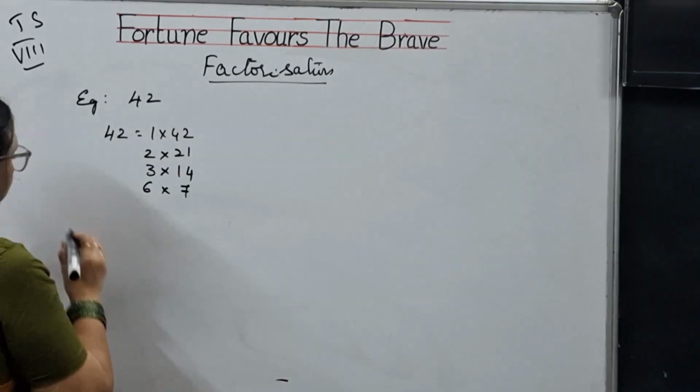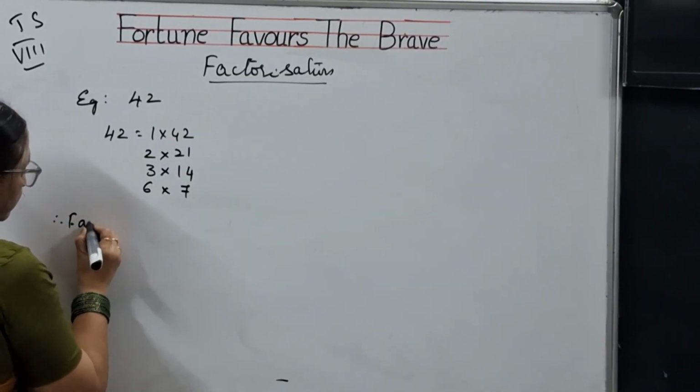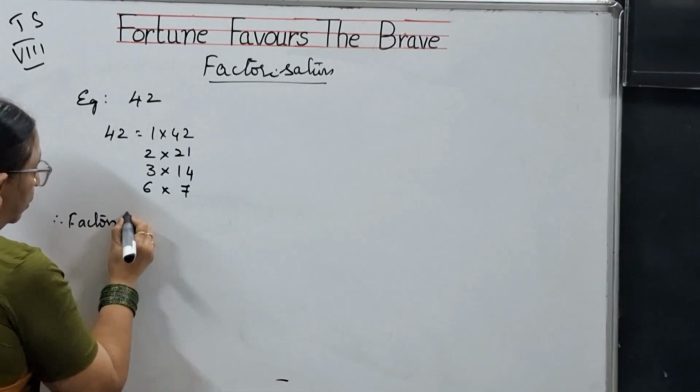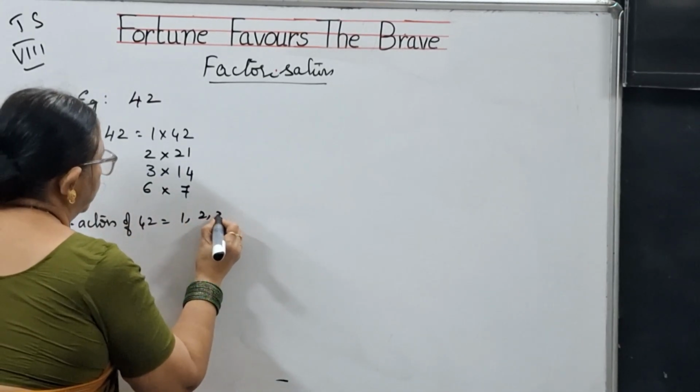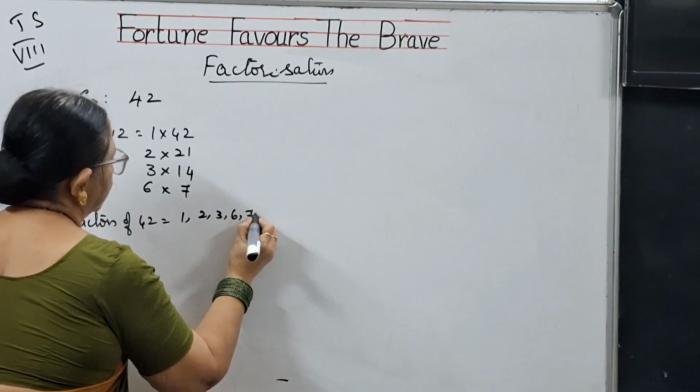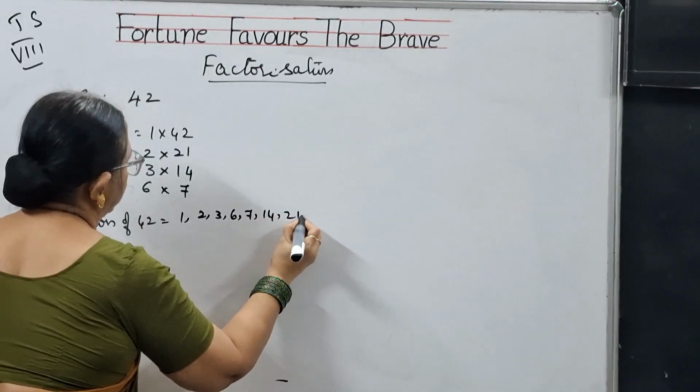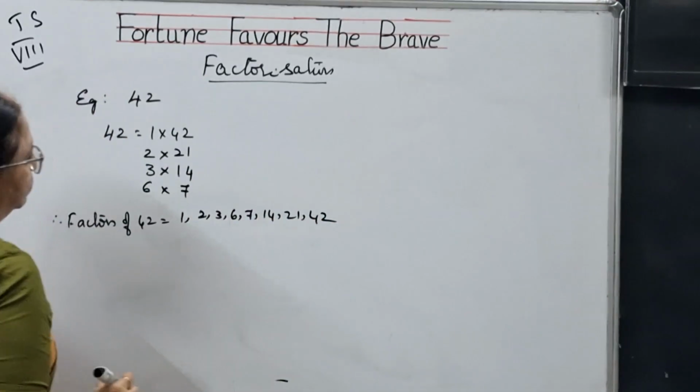These are the factors. Therefore, the factors of 42 we can write as 1, 2, 3, 6, 7, 14, 21, 42 in order.